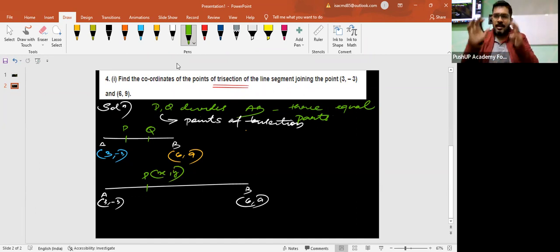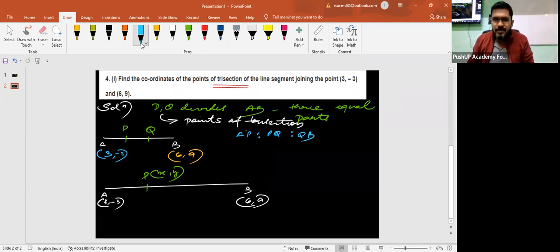Now children, I have a question for you. You know that points P and Q are points of trisection. That means P and Q will divide AB into 3 equal parts. So if I ask you what is the ratio of AP, PQ and QB, what would be your answer? 1 is to 1 is to 1.